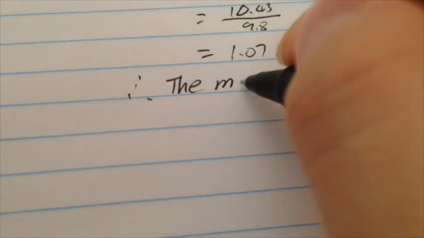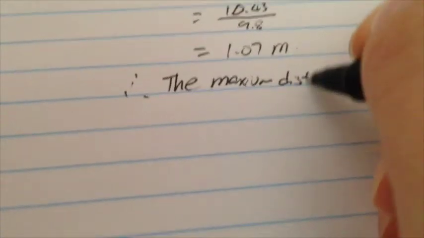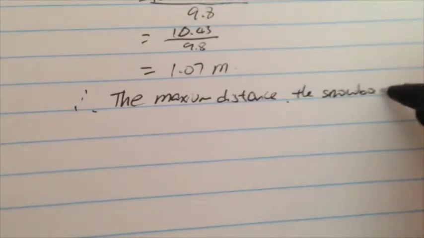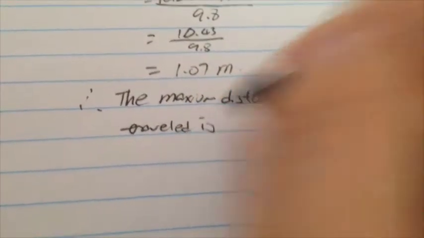This will give us 10.43 divided by 9.8, which is 1.07 meters. And therefore, we can say that the maximum distance the snowboarder traveled is 1.07 meters.